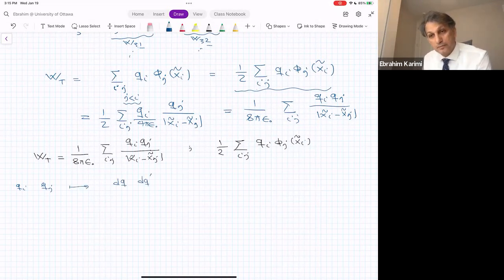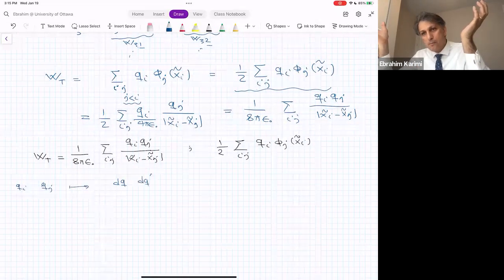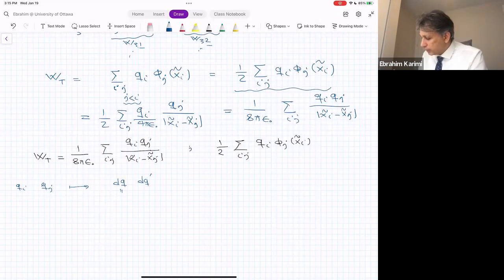Now I'm changing from point charges into the continuous form, where dq is given by rho of x d3x, and for the other one, rho of x prime d3x prime.